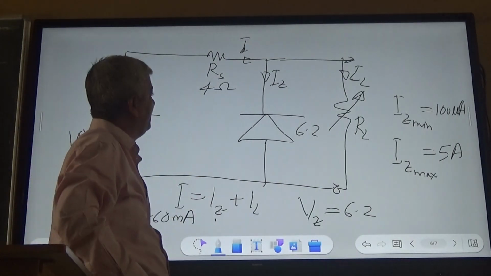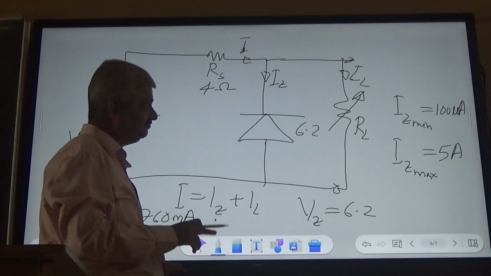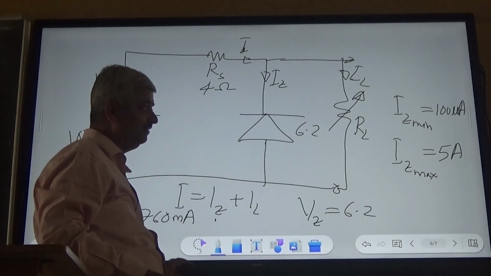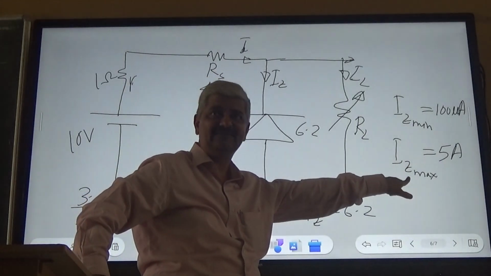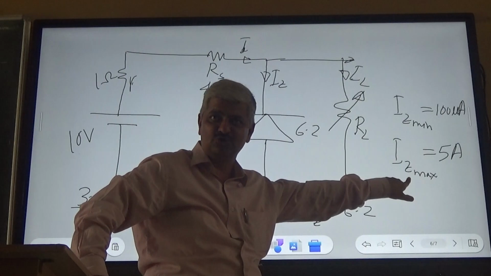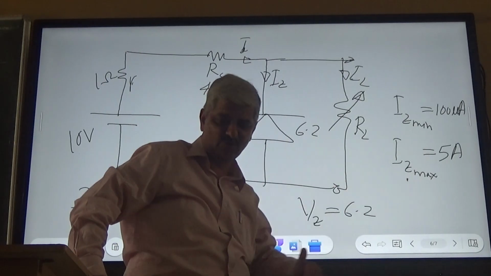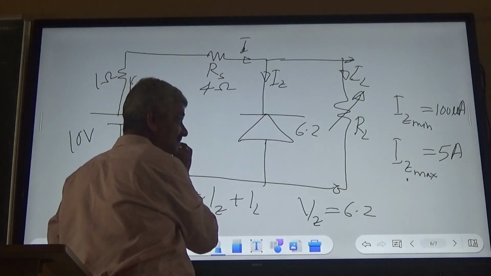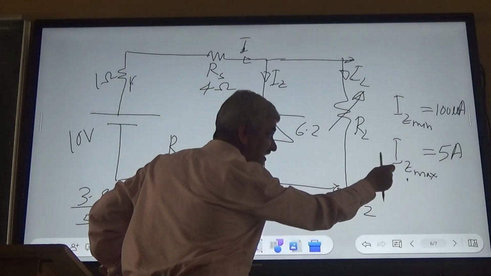So how will you calculate RS? RS should be such that this should not be exceeded. Means there is a value, and this should not exceed.